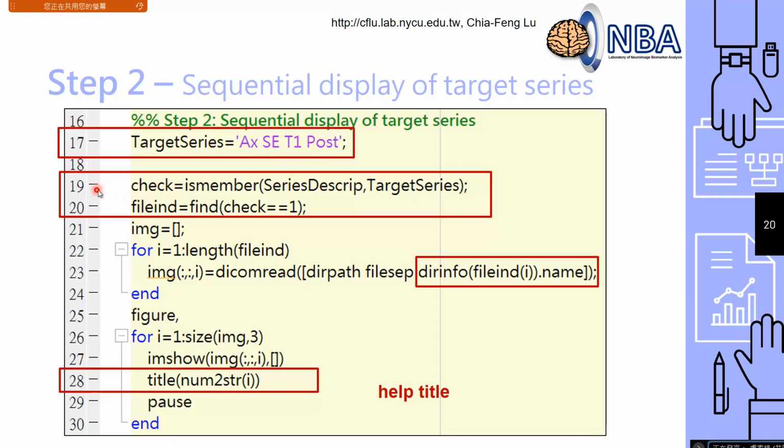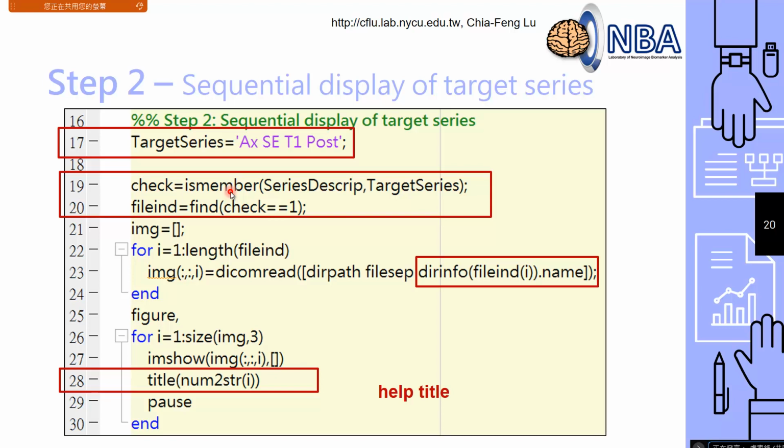And for line 19 right here, we used this function before, right? In the week when we talked about the XLS read, we tried to find the female from the Excel data, remember? We used the is-member function to compare the data information with the target.